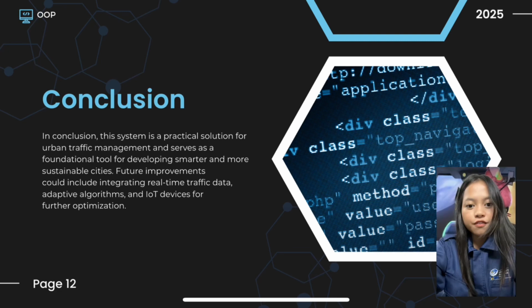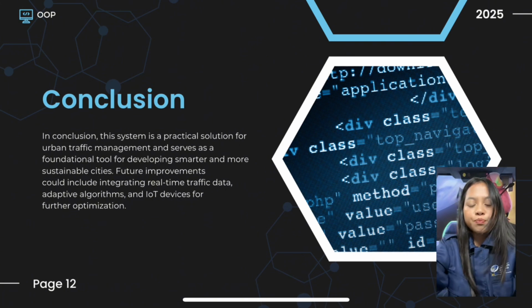Urban areas around the world are plagued by congestion, and this project offers a practical solution. Our automated traffic light control system aims to improve traffic flow and enhance urban mobility. This system is not just a theoretical model, it's a foundational tool for developing smarter and more sustainable cities. By automating traffic management, it reduces human error and ensures smoother traffic flow.